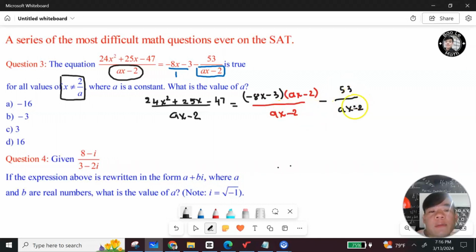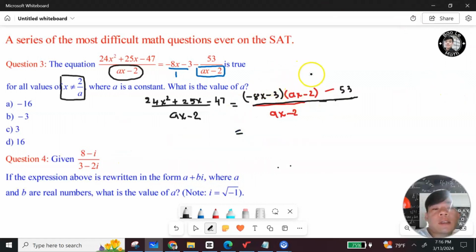Now, since they have the same denominator, I just combine them. I put the subtraction sign right here, and I write them over the same denominator, so just one as minus 2. Alright, next one, equal. Now I distribute this one.